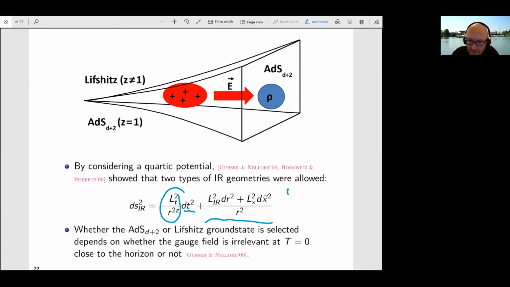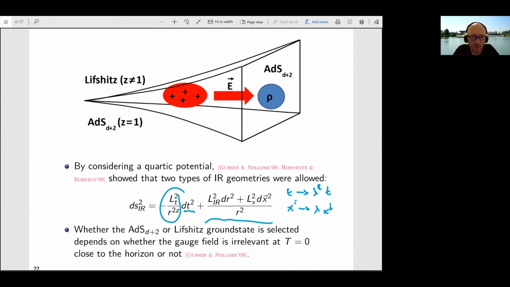So this metric is invariant under t goes to lambda to the z times t, and x_i goes to lambda times x_i. So for a Lifshitz space, there's an anisotropy between time and space.